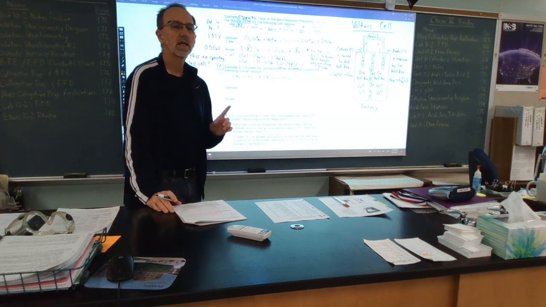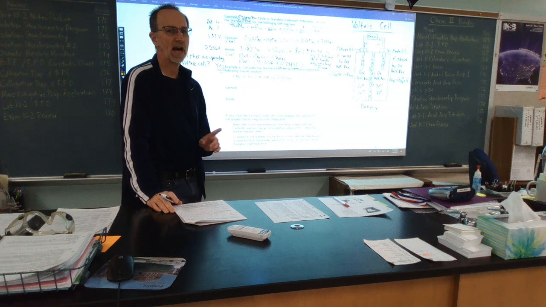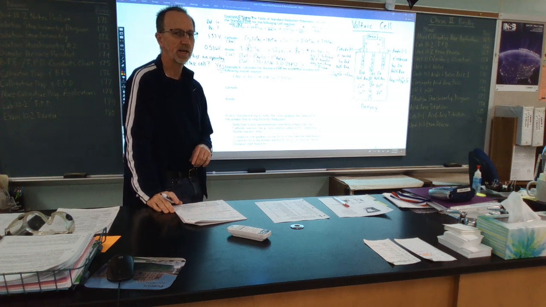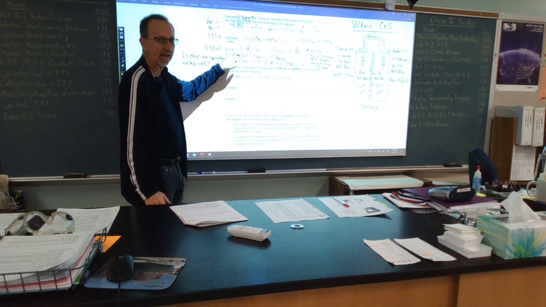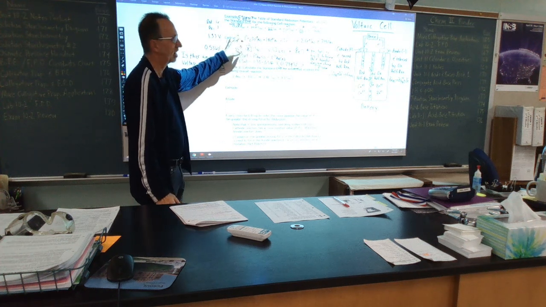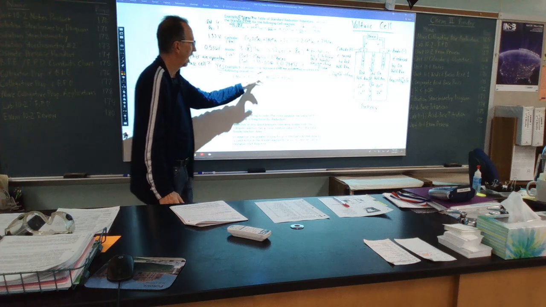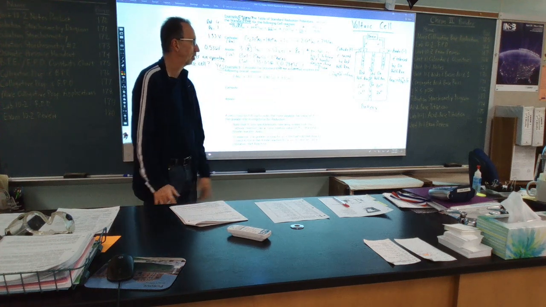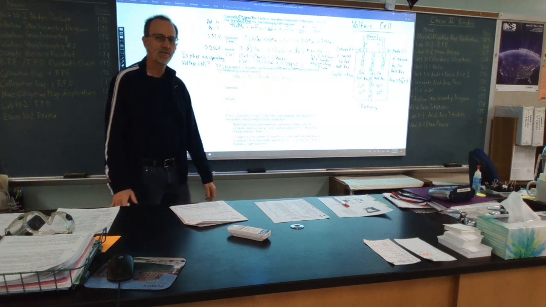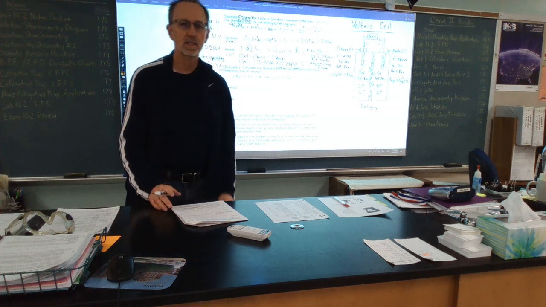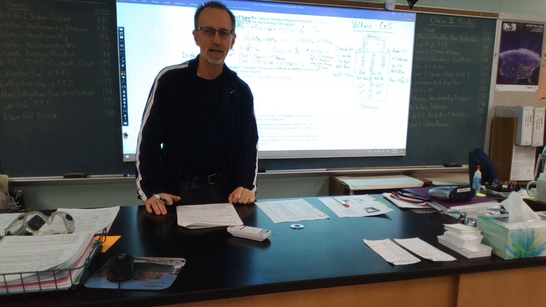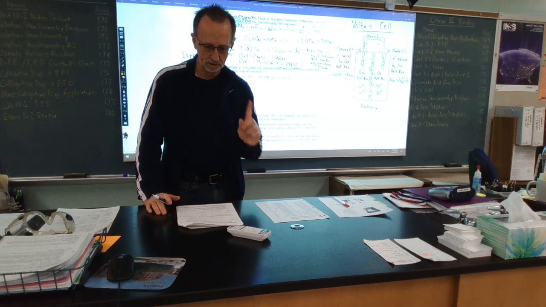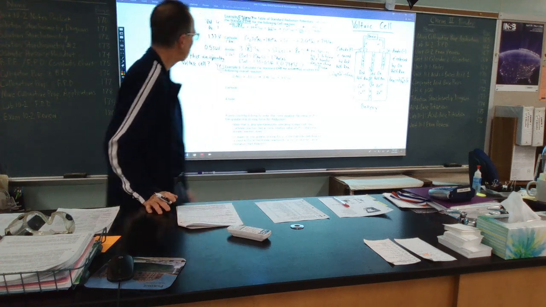Had that been a negative value, the answer would have been no. In other words, if we had put this half reaction at the anode and this half reaction at the cathode and reversed these two numbers and got a negative value for E cell, the voltaic cell would not operate. Very important thing to know.